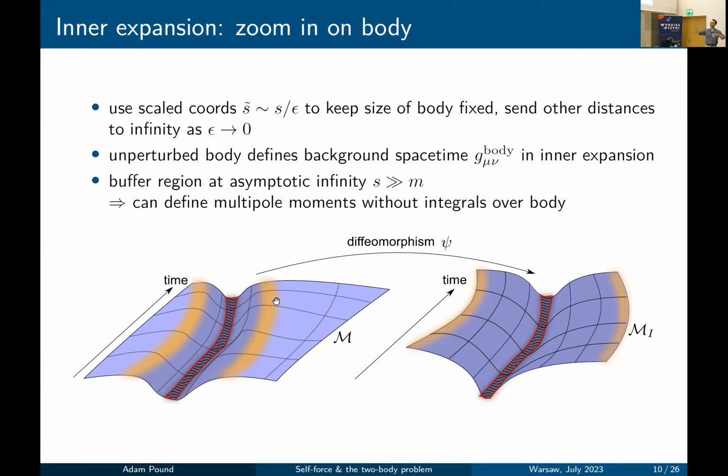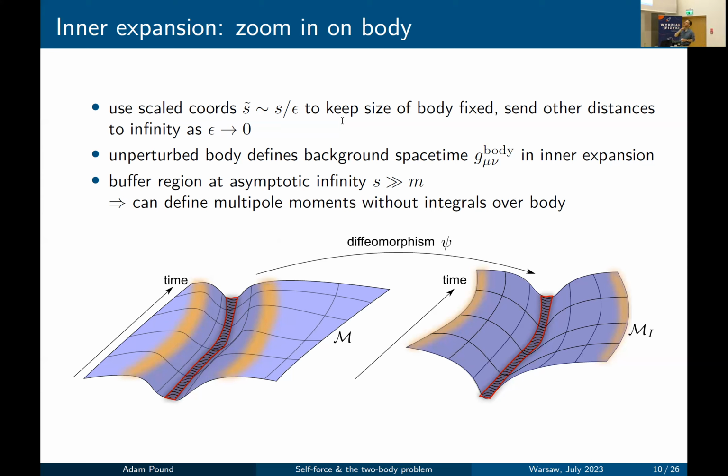So that's significantly away from the body, but still close to the body relative to external length scales. And when I take the epsilon goes to 0 limit, holding fixed basically the size of the small body, I'm just zooming in on that region that's enclosed by the buffer region. So the buffer region is getting sent out towards infinity as epsilon goes to 0, and I'm just zooming in on the small body.